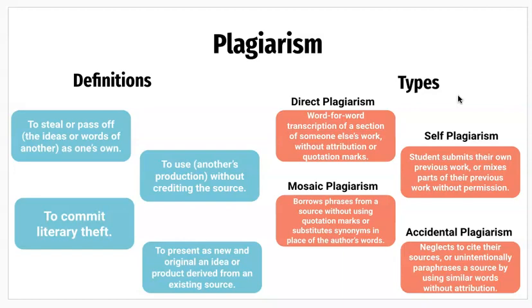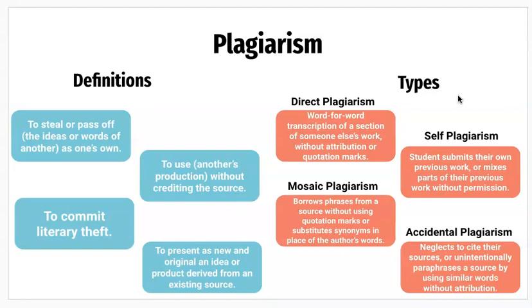Next is mosaic plagiarism. This is where we're borrowing phrases from a source without using quotation marks, or we're substituting synonyms in place of the author's words. So we have to make sure that we're putting quotation marks, and we can't just change the words a little bit and make it our own. We have to still make sure that it is quoted directly, or we're making sure that we are summarizing and paraphrasing by still giving attribution to the author.